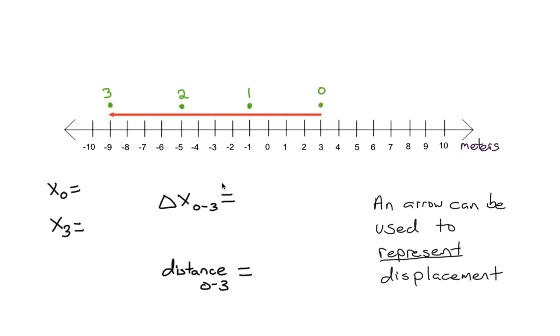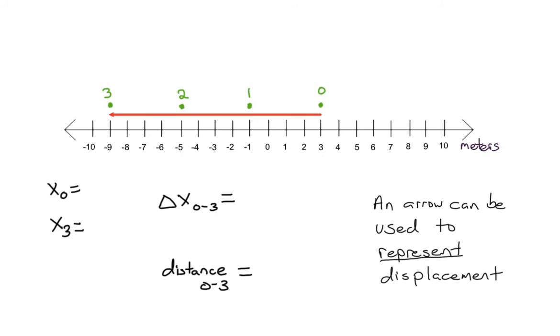In the process of moving to the left, our displacement is going to end up being a negative number. And I'm representing that with this arrow that begins at the initial position. I'm studying it at time 0 to time 3. So the initial position will be at time 0. The final position will be at time 3. So the object is traveling from a position of 3 meters to a position of negative 9 meters.